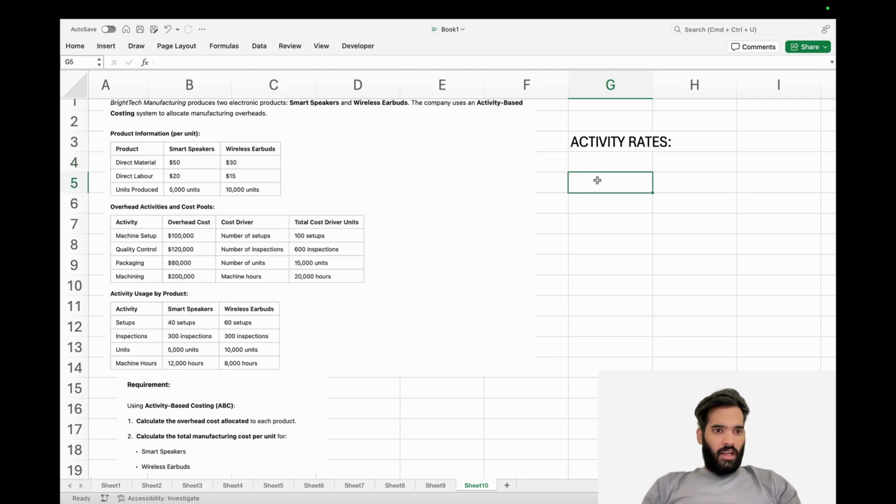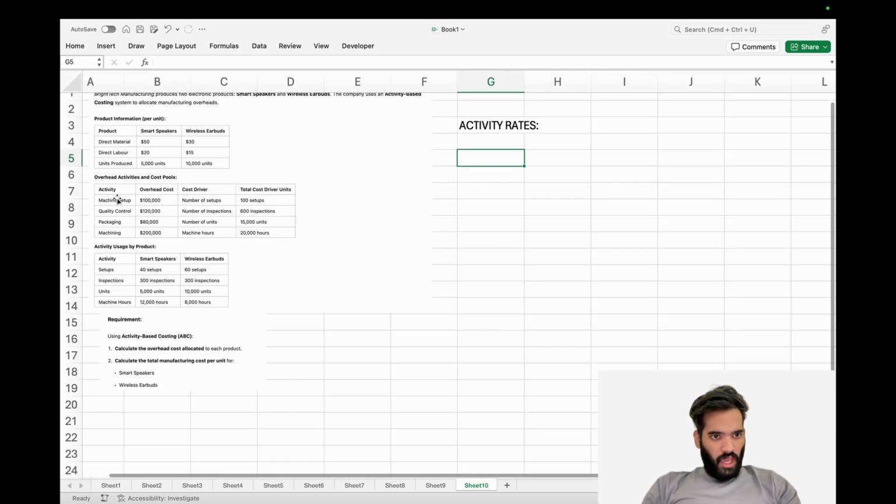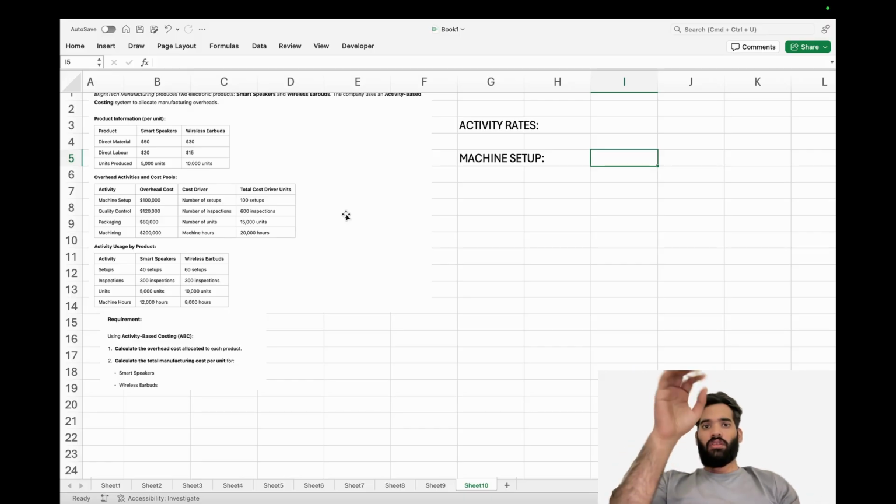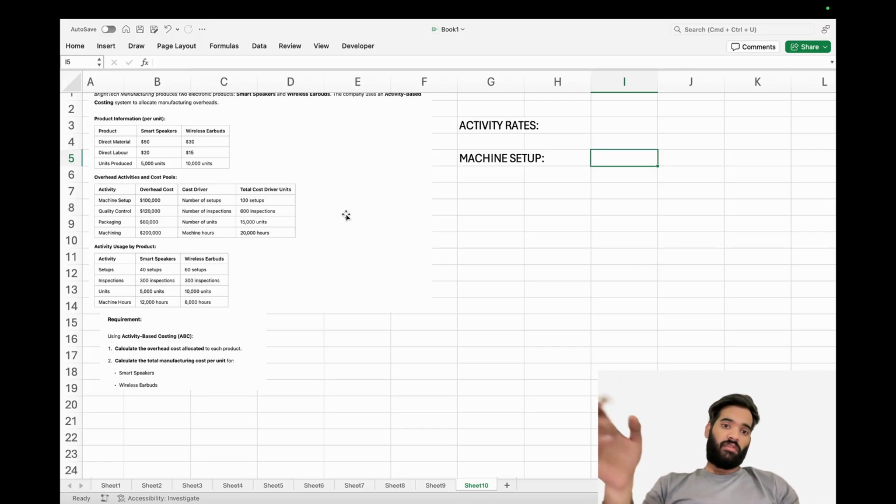So in any case, let's first do the activity rates. The first activity we have is machine setup. So we'll find the machine setup rate. The formula we already talked about is the total activity cost divided by the activity cost driver.